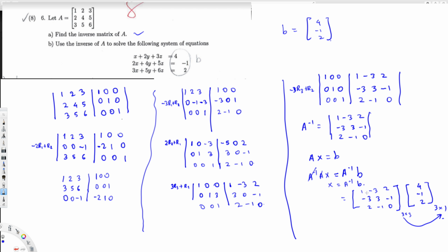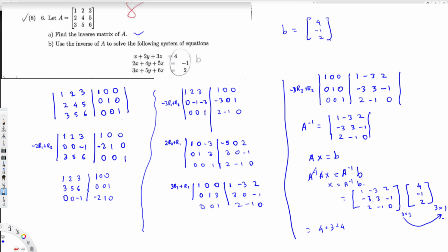So let's see. It's row by column, row by column. So first row, first column: 1 times 4 is 4, plus -3 times -1 is going to be 3, 2 times 2 is 4, and this is my first one.